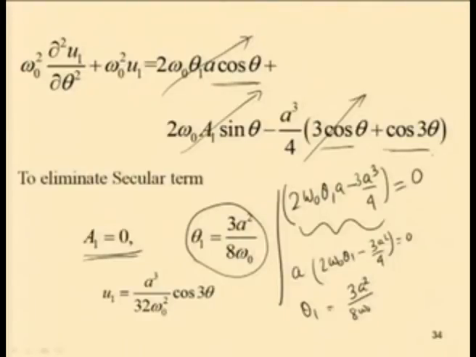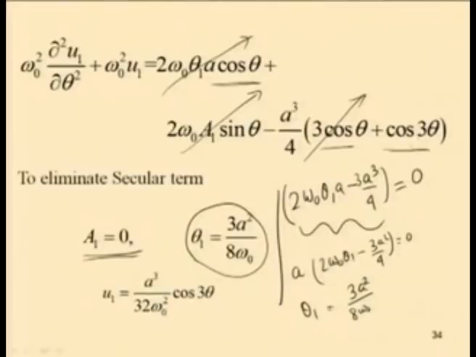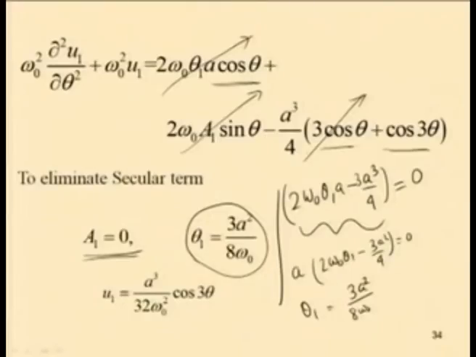Now, in place of d 0 square I have to substitute 3 square, that is 9. So, minus 9 omega 0 square plus omega 0 square becomes minus 8 omega 0 square. So, 8 into minus 4, and this has a minus sign. So, u 1 becomes a cube by 32 omega 0 square cos 3 theta.